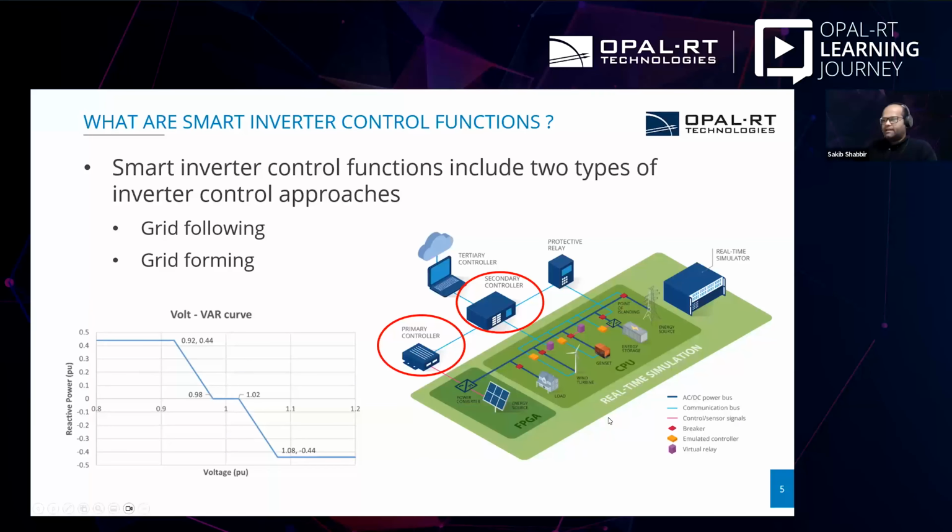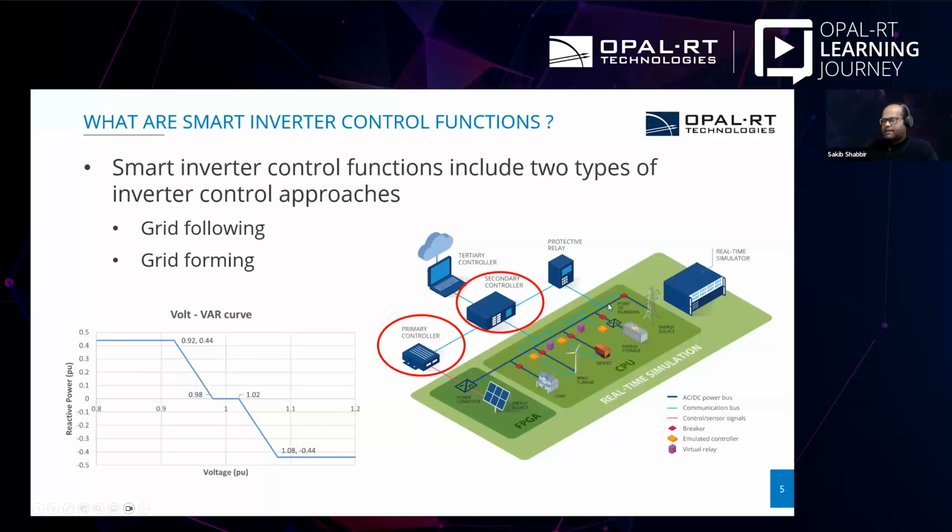In this case, the generation units usually don't regulate the voltage or frequency of the system. The grid itself regulates the voltage and frequency, and the generation units merely follow the grid. In that case, we address the control algorithm for the inverter interface system as a grid following converter, because they are merely following the grid.